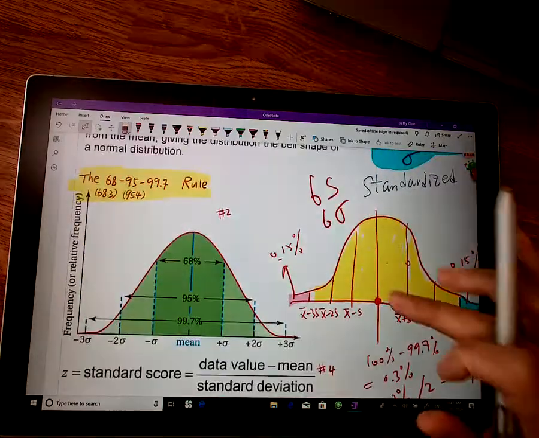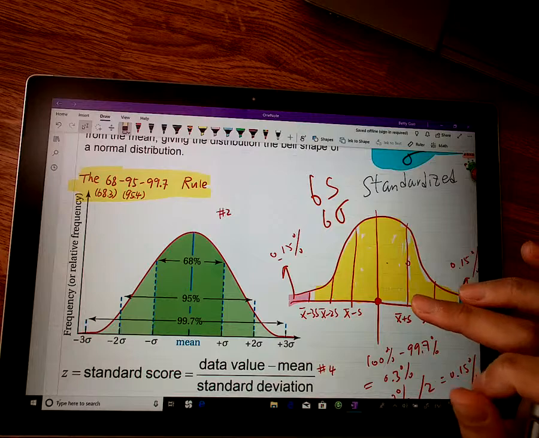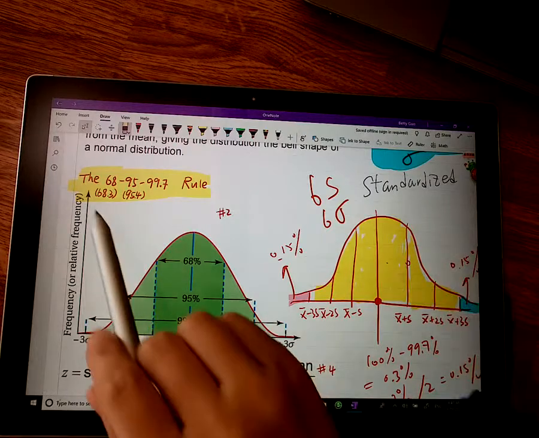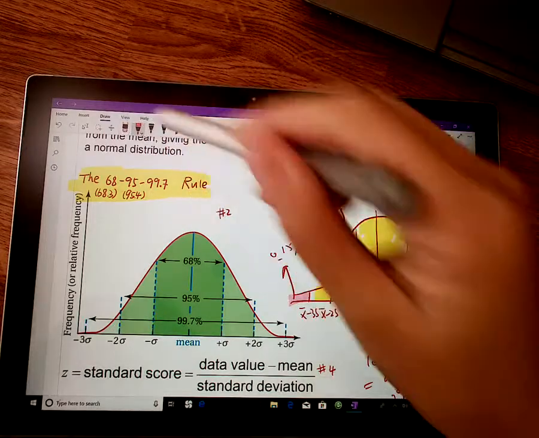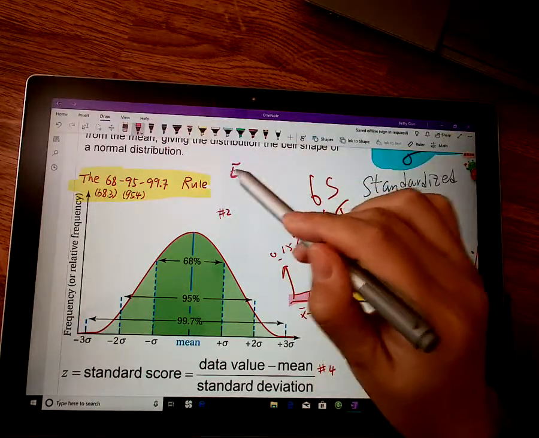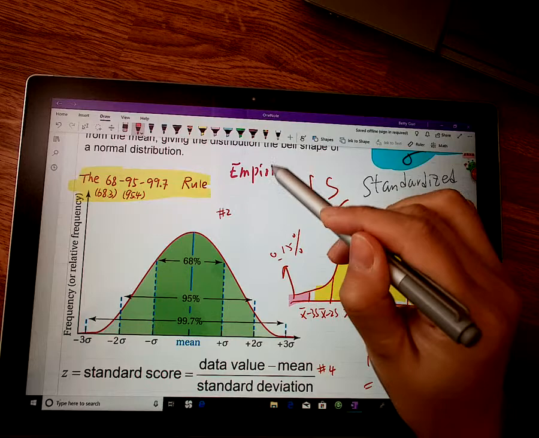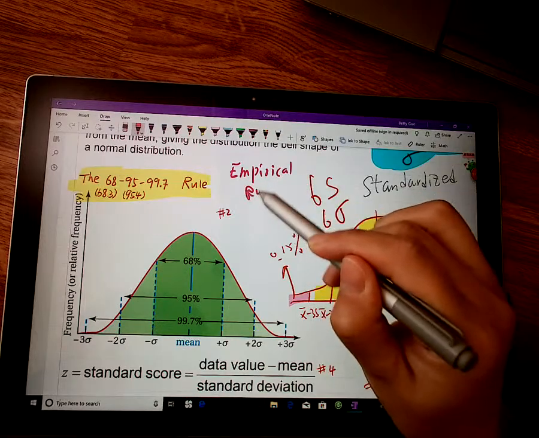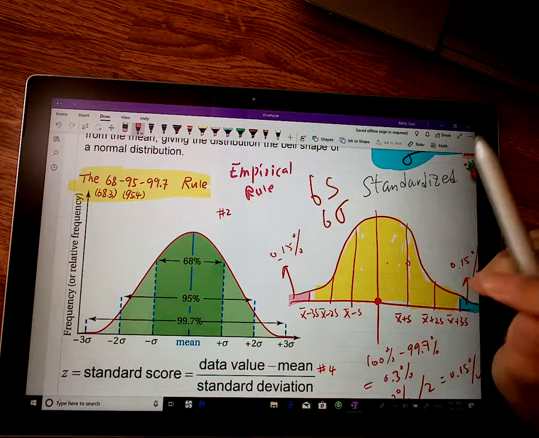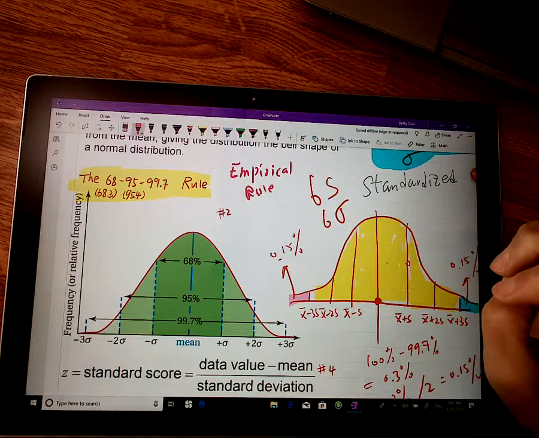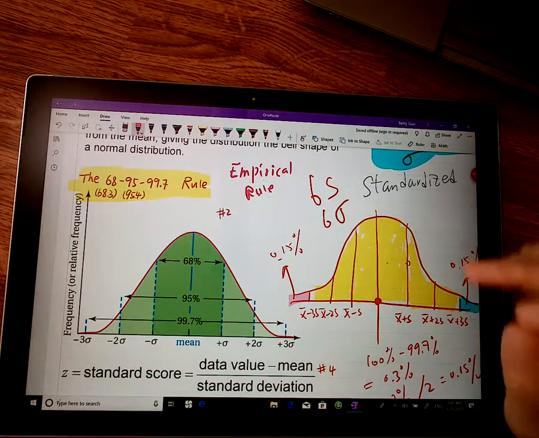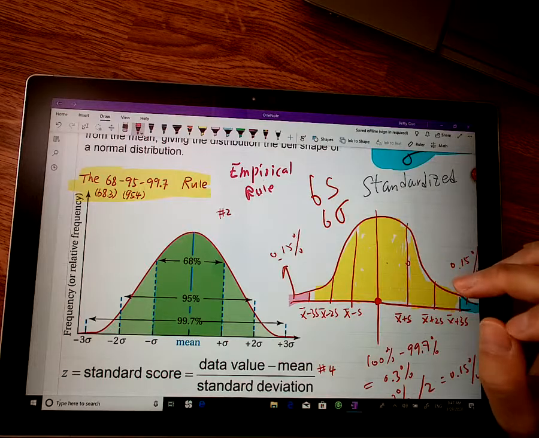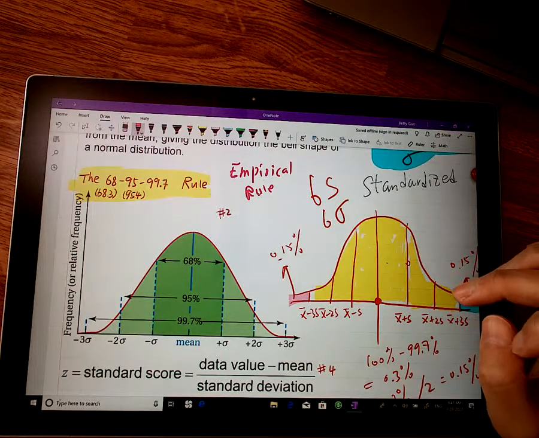So next up, a very important theorem. The name of the theorem is called the 68, 95, 99.7 rule. Sometimes you see the book call this theorem the empirical rule. Just different names for the same thing. So let me show you the content of this rule.